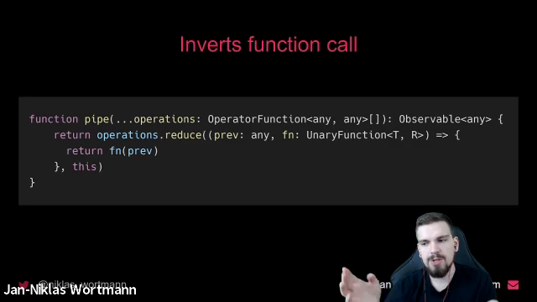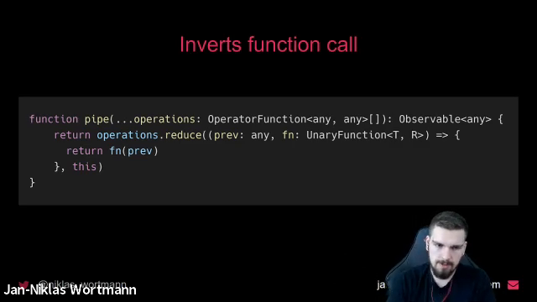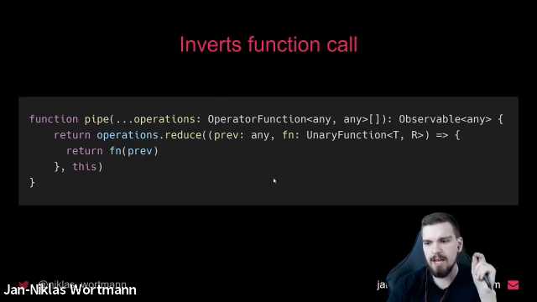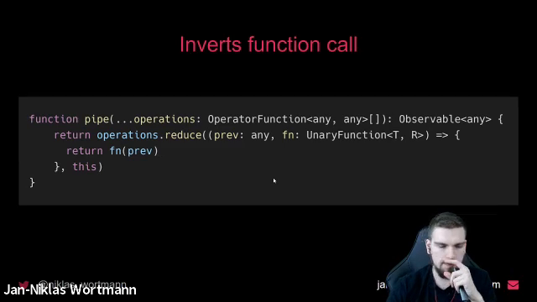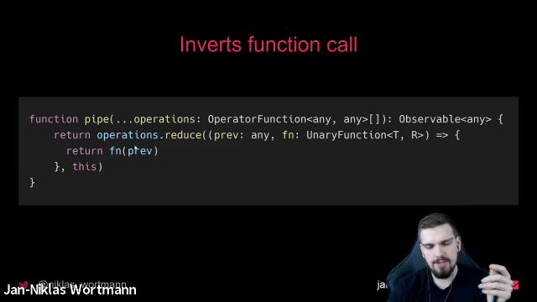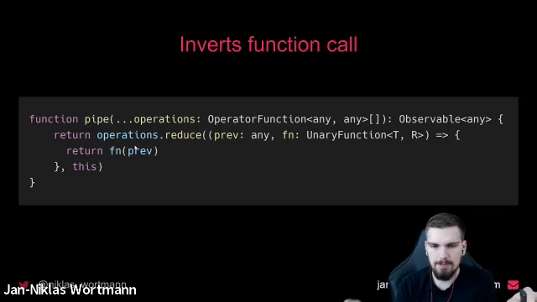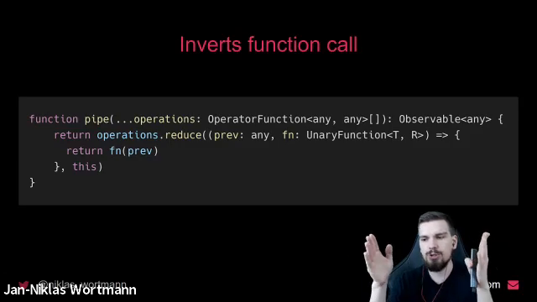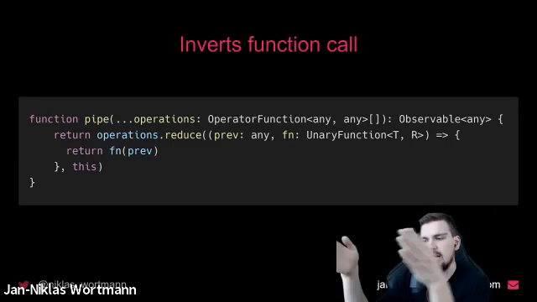But why did we add this pipe architecture? The pipe method in general is, with some minor performance improvement, what we have in the RxJS code base itself. It's just a reduce statement that is applied over all the operators passed to the pipe function, which ensures that the return value of the first operator is passed to the next one.